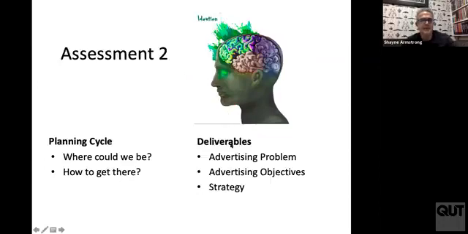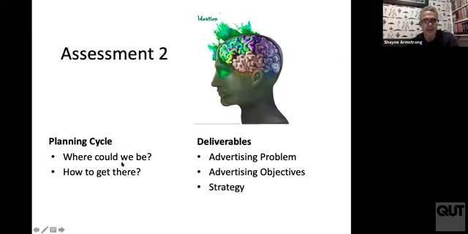Okay, so assessment 2 will then be extending that. You'll be doing a creative strategy for the same client. So just extending the work that you've done based on the feedback on assessment 1. You can either come up with a new insight, or you continue to develop a strategy based on the insight you've come up with for assessment 1, if you're confident with it and you've gotten good feedback from myself. Then you're looking at where could we be?